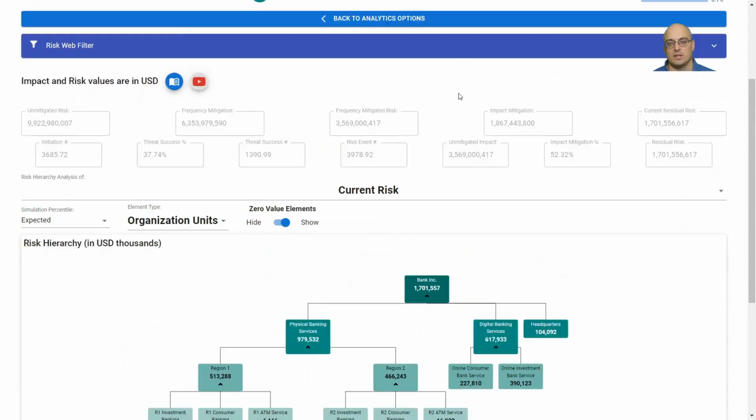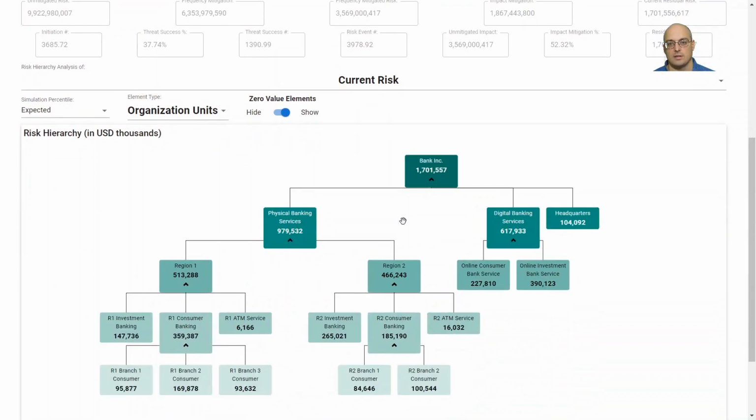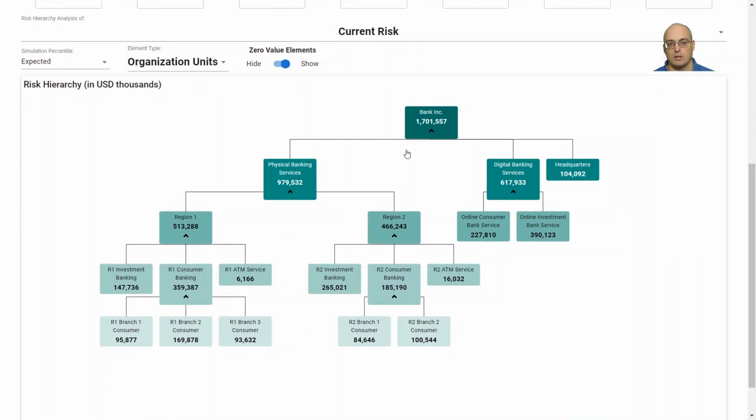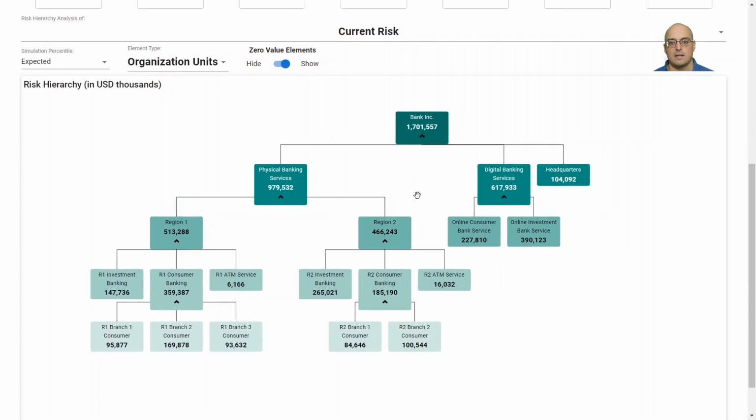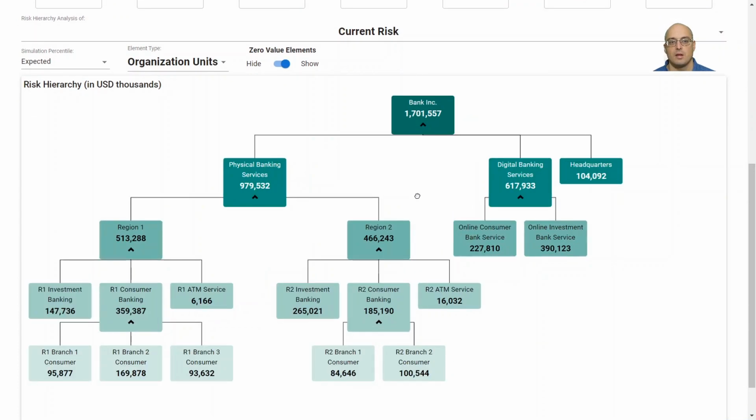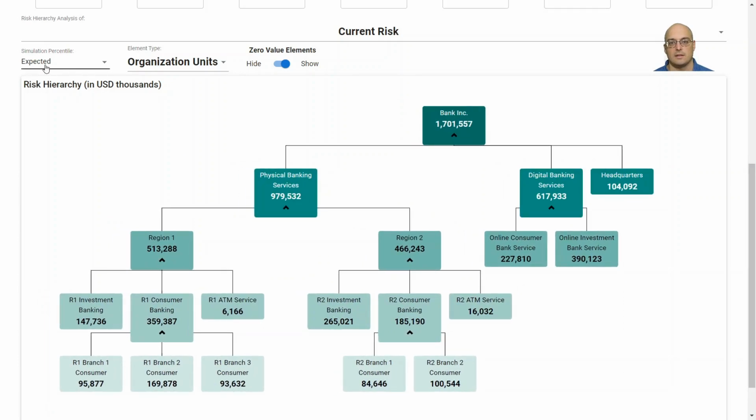Even though you see specific numbers, this is not a discrete model; the Monte Carlo simulation is still behind these numbers. The only thing here is that currently we are looking at the expected or average cases for the Monte Carlo simulation, because often for decisions the expected case is very useful to see.